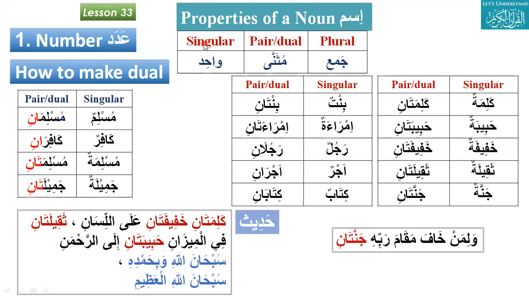Number can be single, dual, or plural. Singular is Muslim and dual is Muslimani. Jannatani is dual, and singular will be Jannah. Just try to translate it.